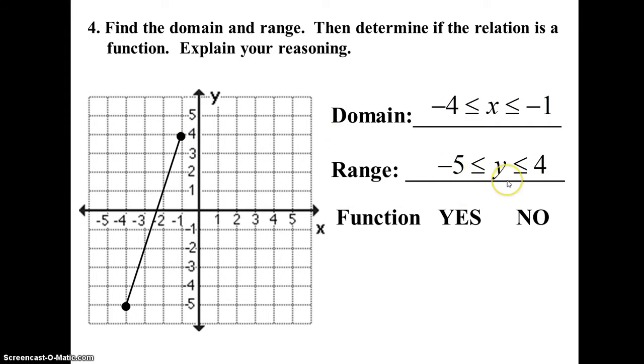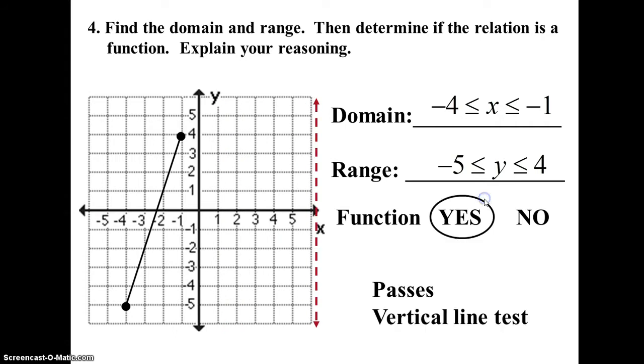So again, we can write this as a compound inequality to describe all the values between and including -5 to 4. And again, a vertical line is only going to hit that segment once. So yes, it's a function. It passes the vertical line test. Now pause the video and do the remaining parts of number 4, and then unpause the video and check your answers.